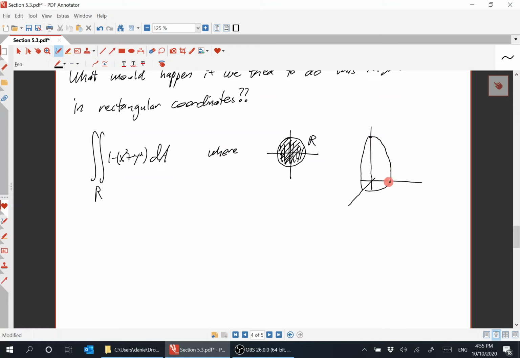So let's just calculate the volume of this bit and multiply the answer by 4. So let's just calculate 1/4 the volume to simplify matters.